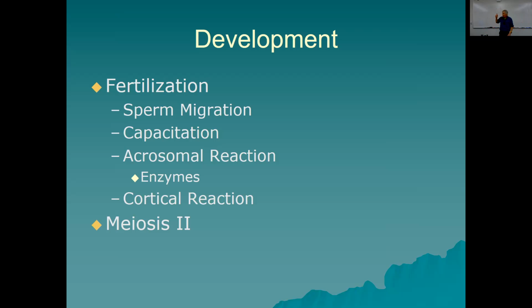And then they have to be capacitated. Capacitation is a thinning of the acrosomal membrane. It has to be thinned, so then when it finally gets to the ovulated object that has the corona radiata, they hit their head against that, the acrosome splits open, and these digestive enzymes start to digest away these corona radiata cells and the zona pellucida.